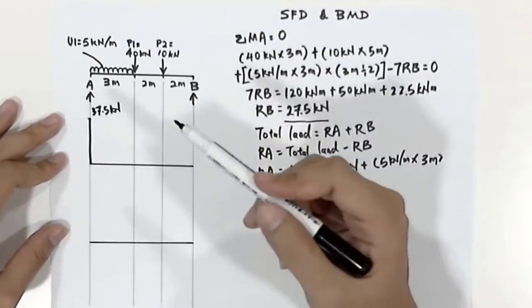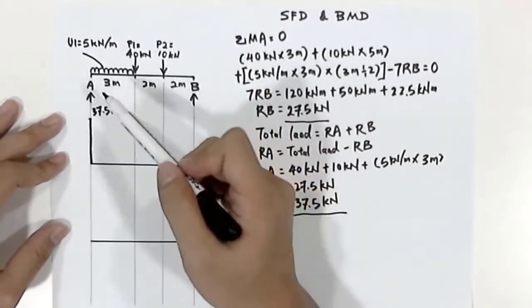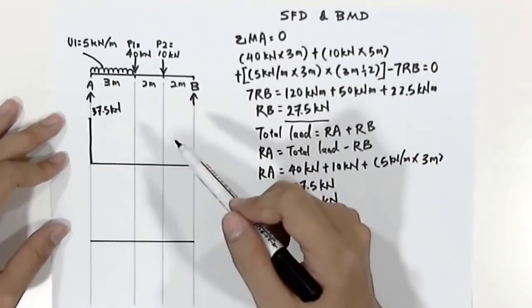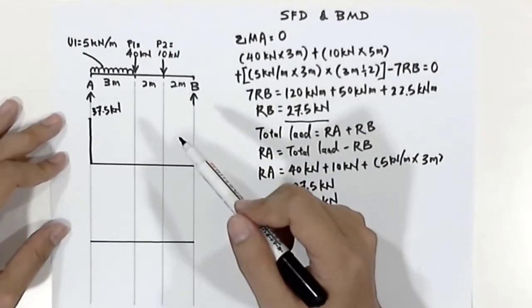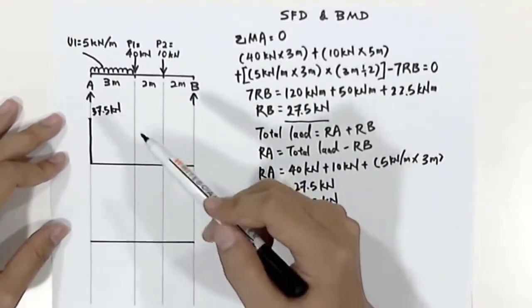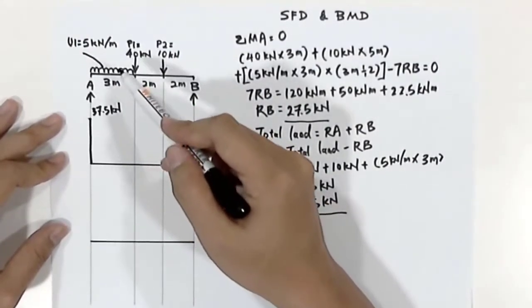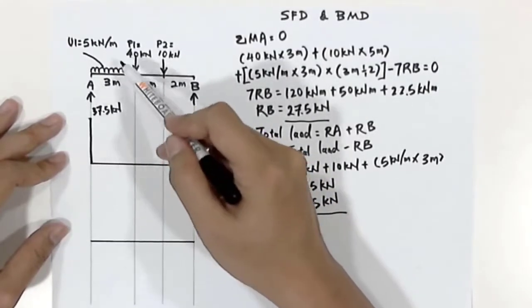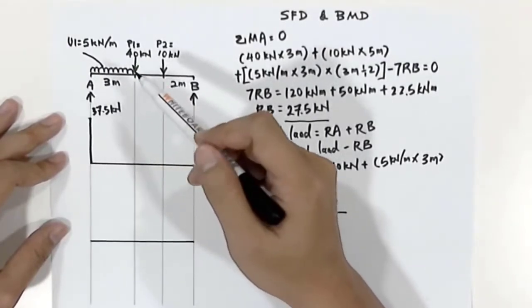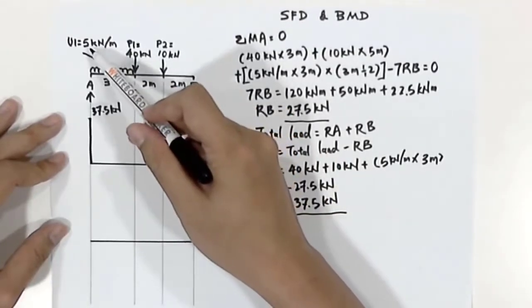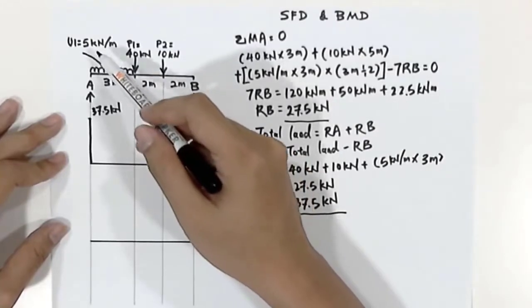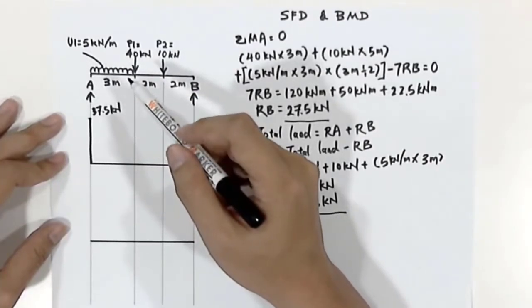So what happened here is that we have a uniform load of 5 kilonewton per meter. What this uniform load will do to the shear force is that it will create a force of 5 times 3 meter, so we have a force of 15 kilonewton.